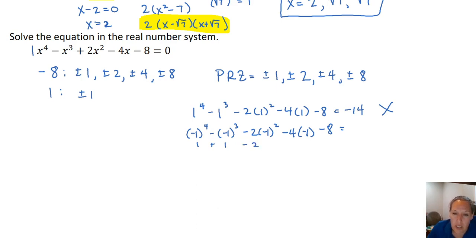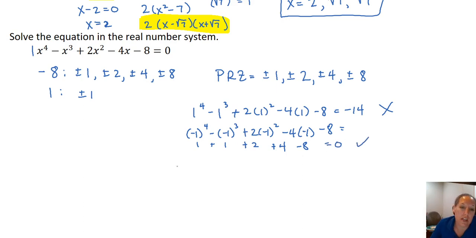Negative 1 times negative 4 is going to be a positive 4 minus 8. Oh, I have a sign wrong. This one was supposed to work. That one should be a plus, and that one should be a plus, and that one should be a plus. So we get 4, 5, 6, 7, 8 minus 8 is equal to 0.